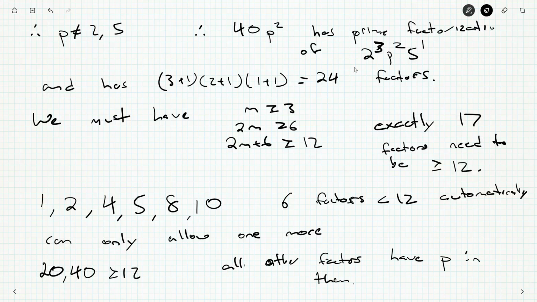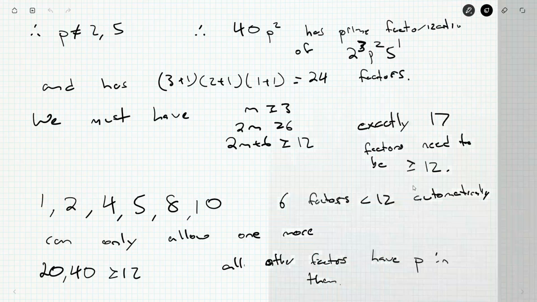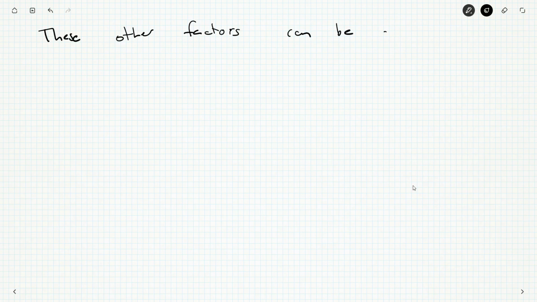Okay, p or p squared, doesn't matter which. These other factors can be ordered. So we'll have p, we'll have 2p, we'll have 4p, we'll have 5p, we'll have 8p, we'll have 10p. Okay.